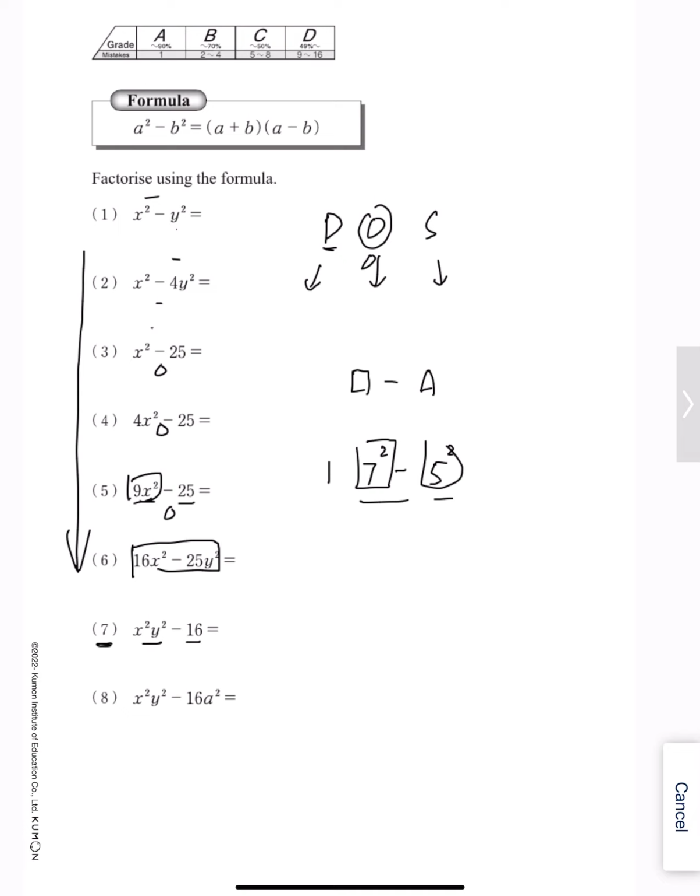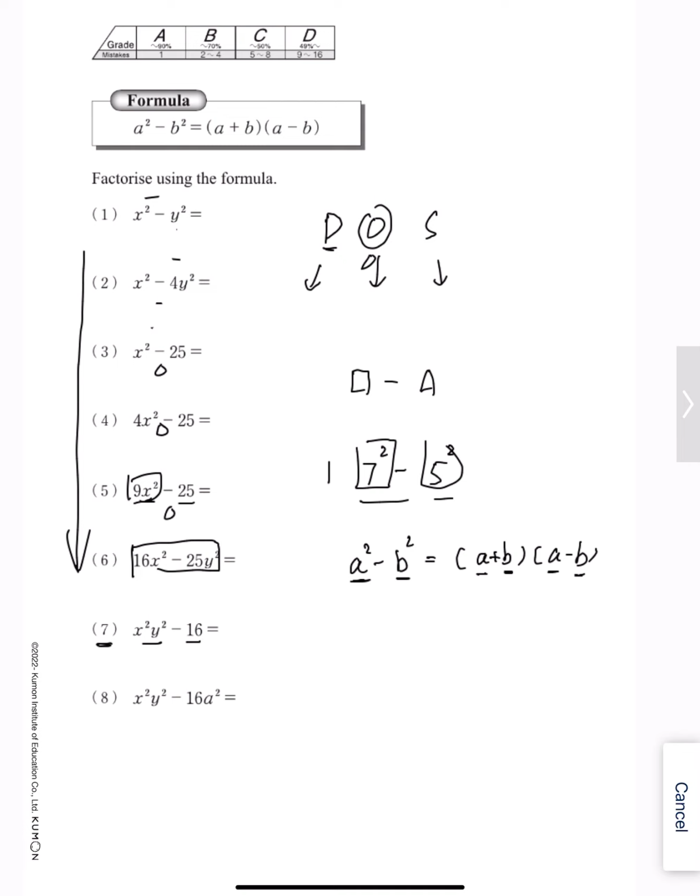I know my formula looks like this: a squared minus b squared is equal to a plus b times a minus b, right? That number squared minus this number squared is equal to this number plus that number, times this number minus that number.